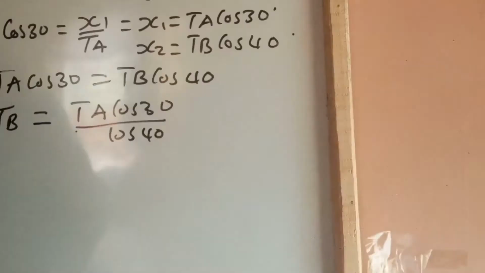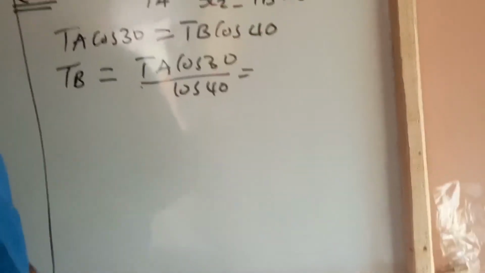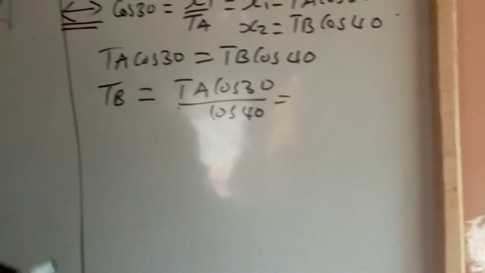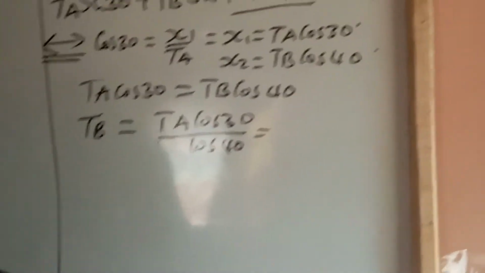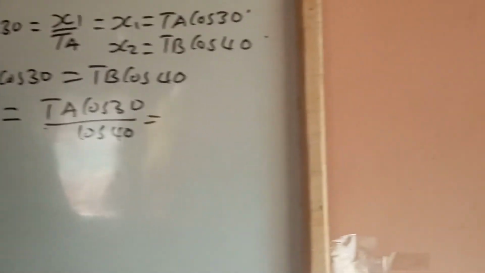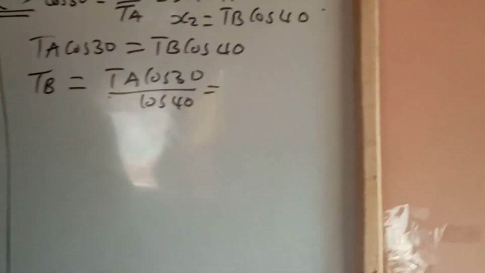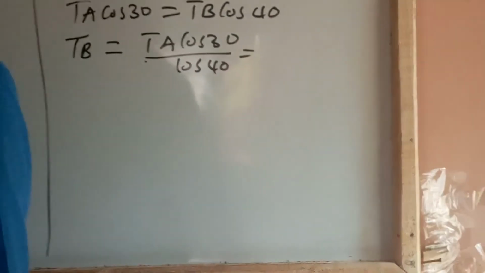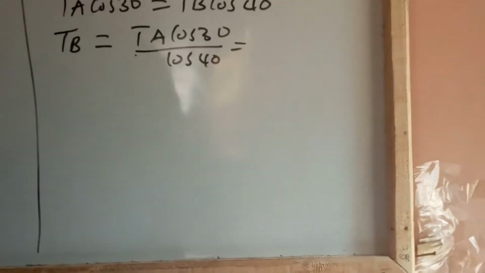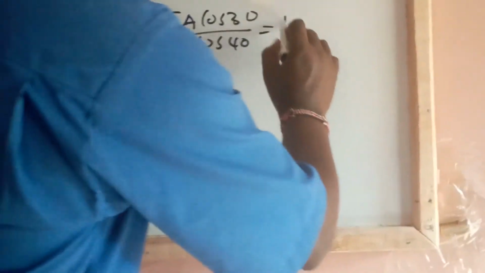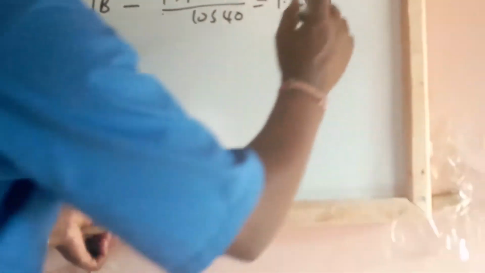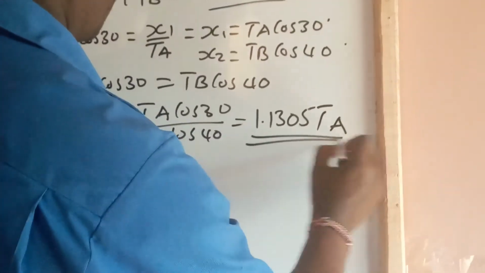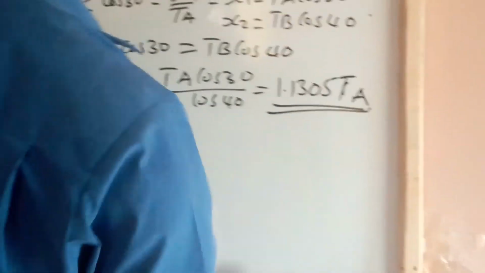If you use the calculator, cosine 30 divided by cosine 40 is going to be around 1.1305 TA, just because we have rounded off.